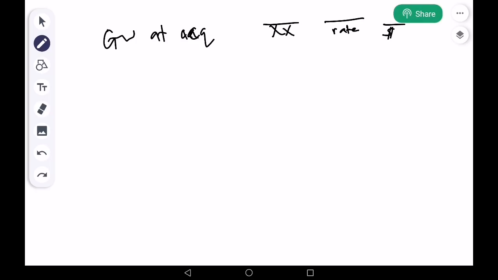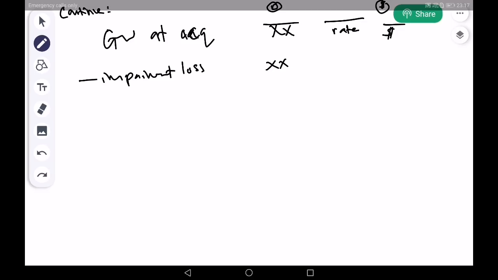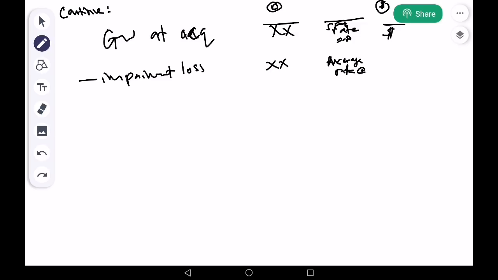Correct? So if I continue from the previous page, you will minus the impairment loss. This impairment loss is still in dinar, this is in dollar. So class, what rate do you use now? This is the spot rate at DOA. For the impairment loss, you will use the average rate. But remember, no standard in IAS 21 mentions you have to use average rate.